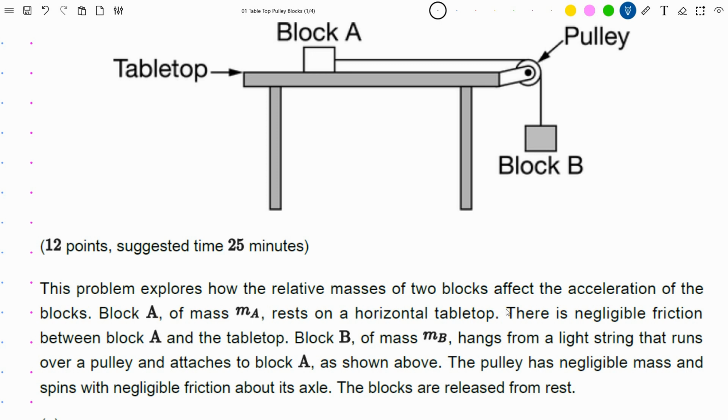Previously, the fall of block B was, in effect, driving block A to accelerate. Now, it's also driving a pulley to spin with increasing angular velocity. So, if anything, block B is going to have a reduced acceleration. Why is it going to have a reduced acceleration compared to before, when the pulley was negligible mass? Because, and this is, I think, the answer to the question that we're getting at, I'm just going to temporarily think of it in here.